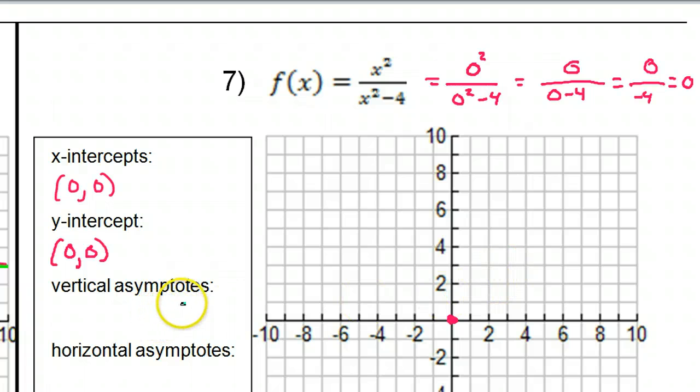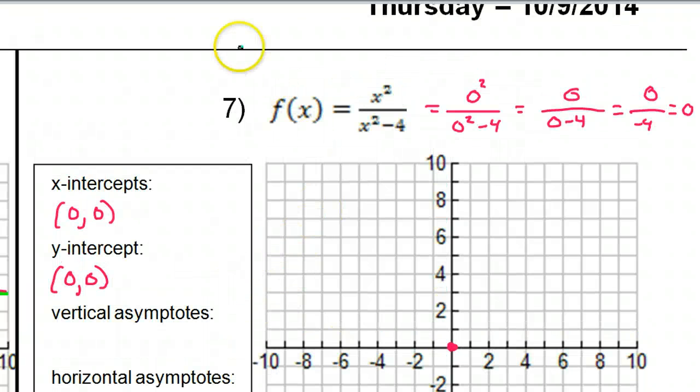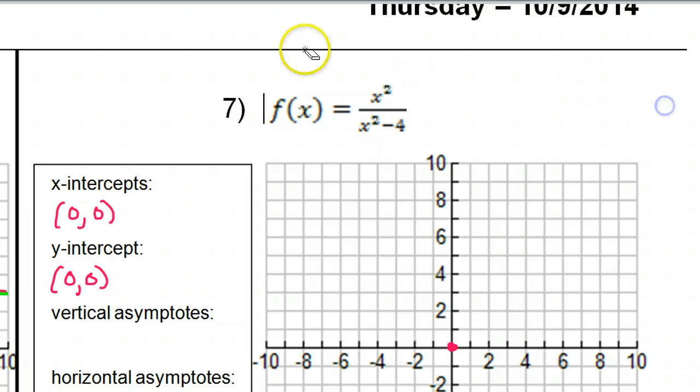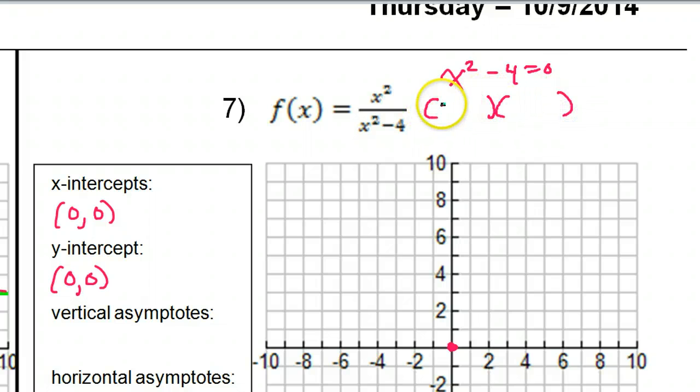How do you find the vertical asymptotes? To find the vertical asymptotes, you need to set the denominator equal to 0 and solve. So in this case, I'm setting x squared minus 4 equal to 0. I could add 4 to both sides and take the square root, or I could factor.